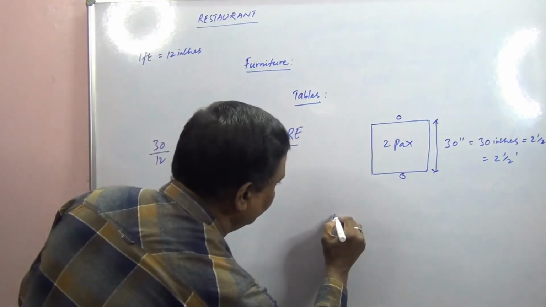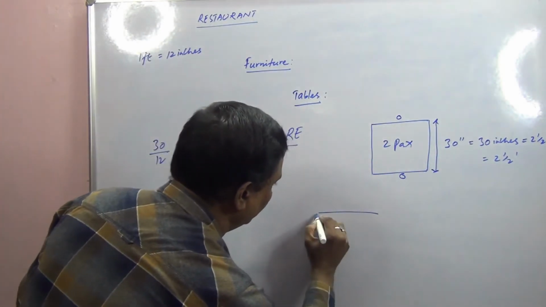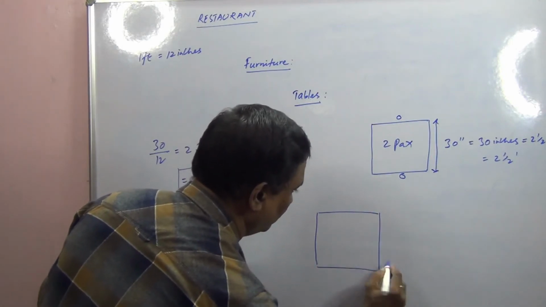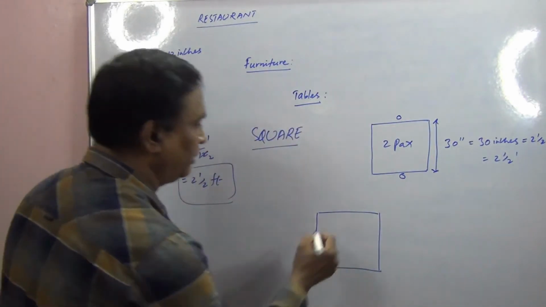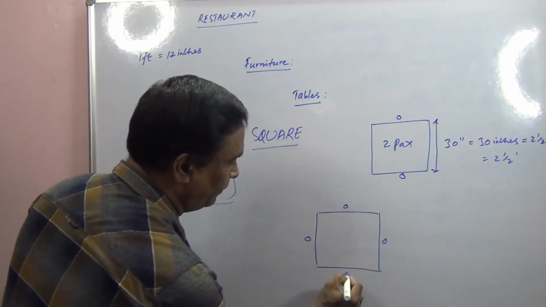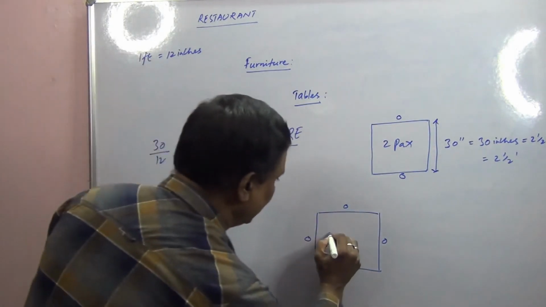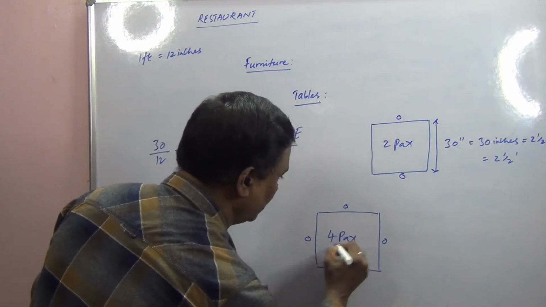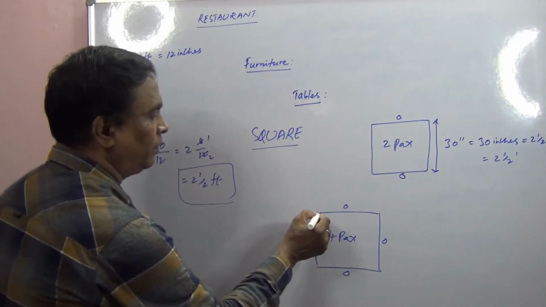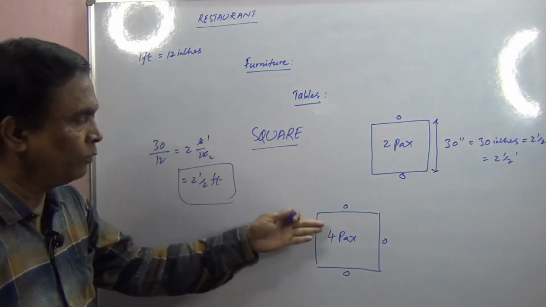Another one is meant for 1, 2, 3, 4. So you can say 4 packs. 4 packs. Square model.